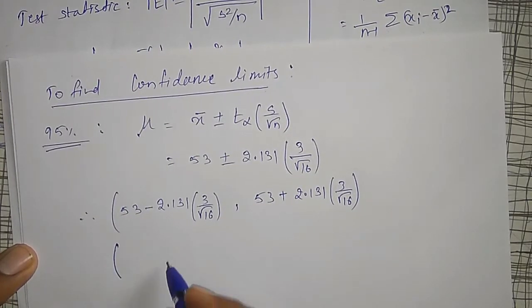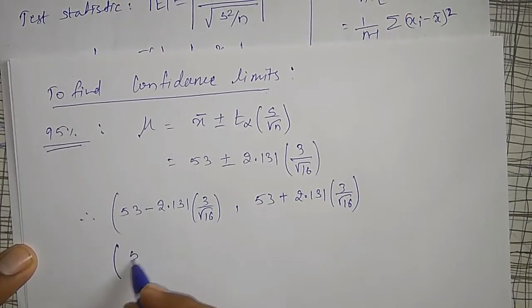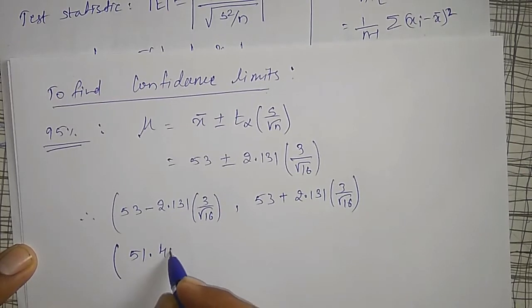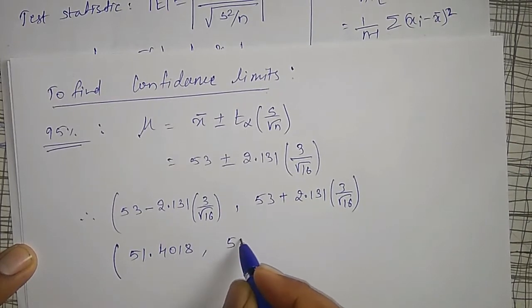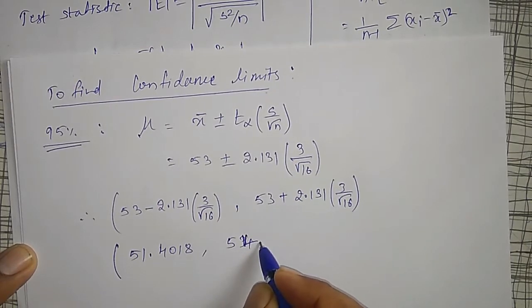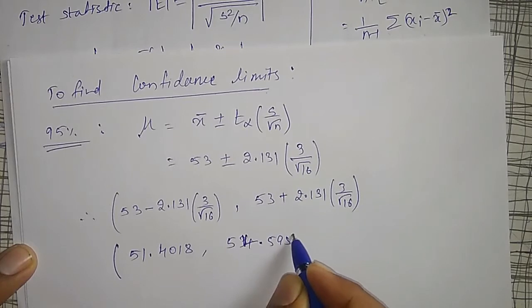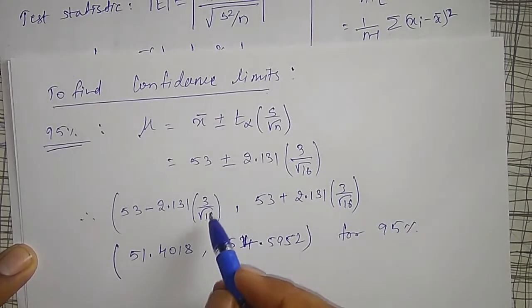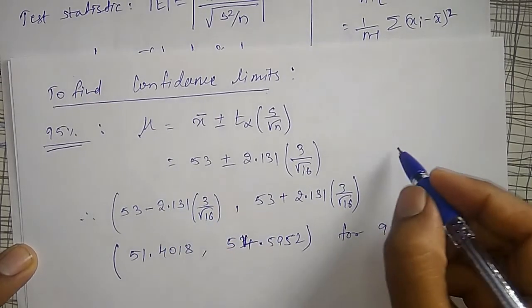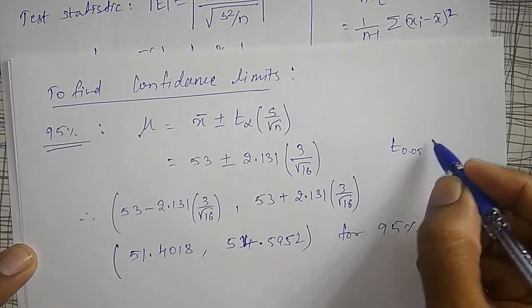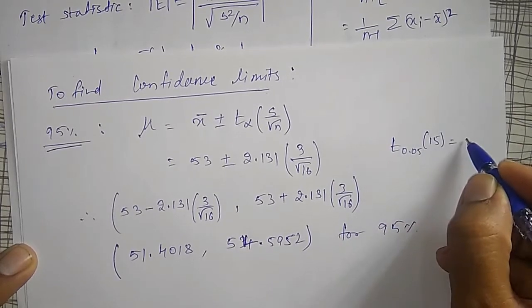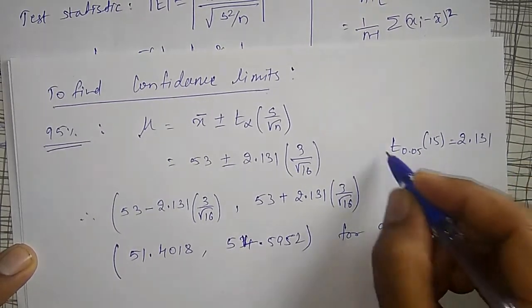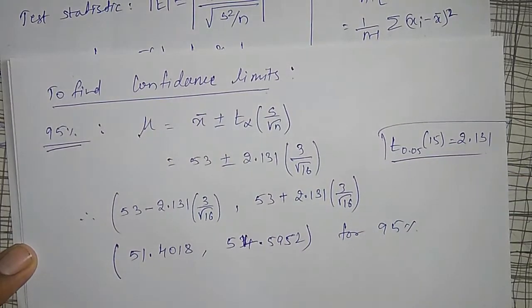It comes out to be 51.4018, comma, 54.5952. This is the confidence interval for 95%, because this I have chosen as 95%. T 0.05 with 15 degrees of freedom is 2.131.